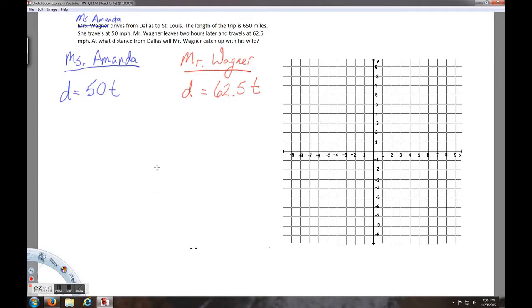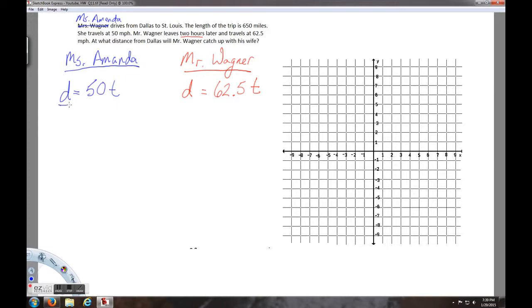And if you recall the lesson where we talked about overtaking, you'll notice that I'm traveling faster, so I will have to overtake her. But how are we going to account for this 2-hour head start? In whose equation are we going to put this 2-hour head start? Now, I'm going to put it in the equation for my wife's speed because this is in time.